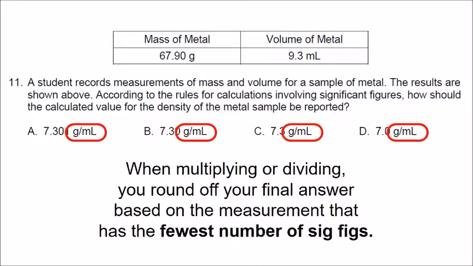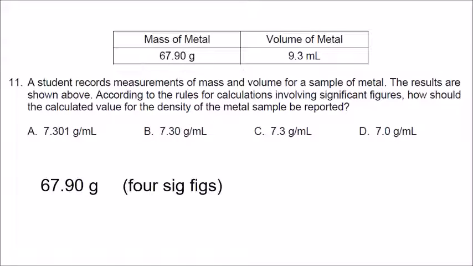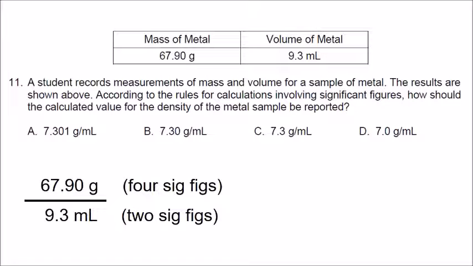So these units tell us that density is equal to mass divided by volume. So if we take a mass divided by a volume, we are dividing. When multiplying or dividing, you round off your final answer based on the measurement that has the fewest number of significant figures. So in our situation, we have 67.90, which has 4 sig figs, divided by 9.3 milliliters, which has 2 sig figs.